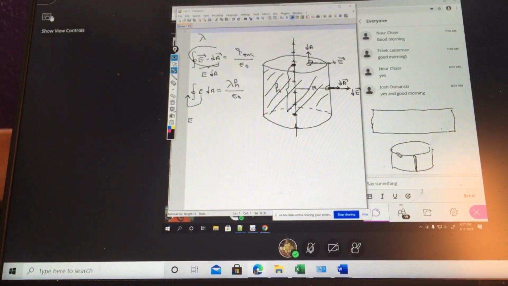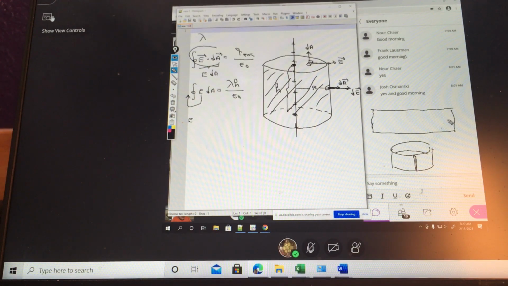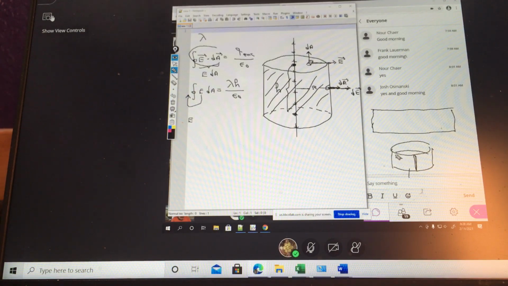It's a long rectangular piece of paper and then we bring the two ends together and make it look like a cylinder like this. But it's open at the top and the bottom. So what is the surface area of this?